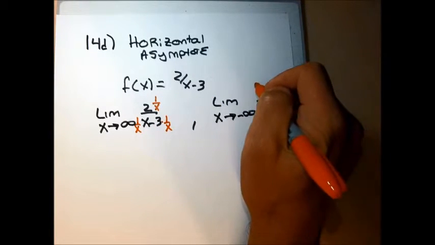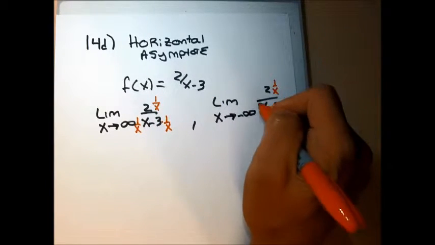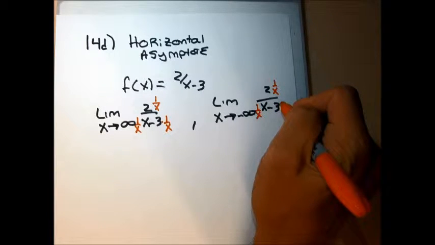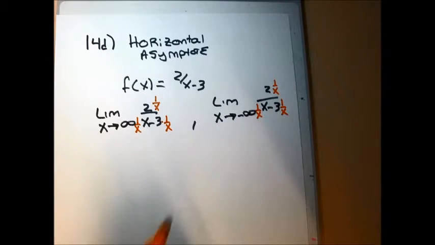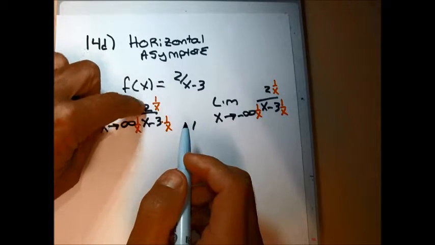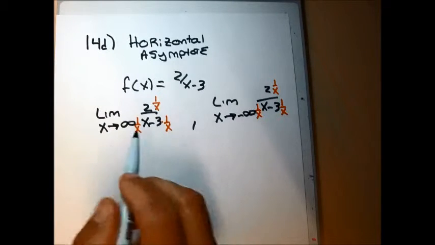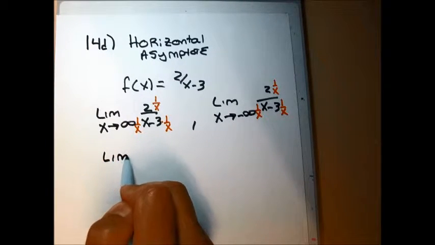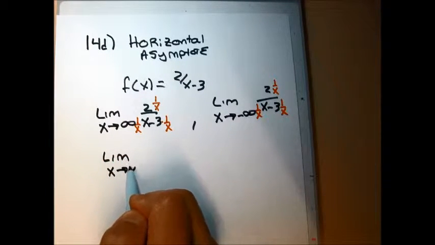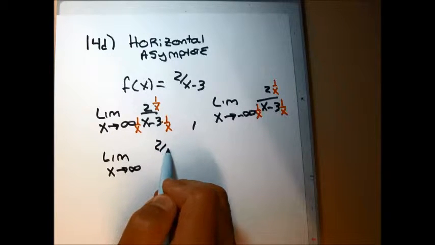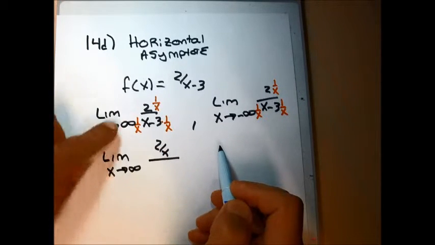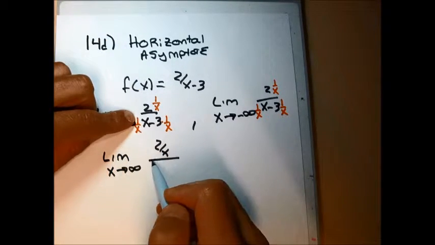So in both of these limits, I'm multiplying each and every term by 1 over x. And in the numerator here, 2 times 1 over x, you just multiply the 2 and the 1 together, and you'll get a 2 over x. In the denominator here, the x's cancel, I'm left with a 1.